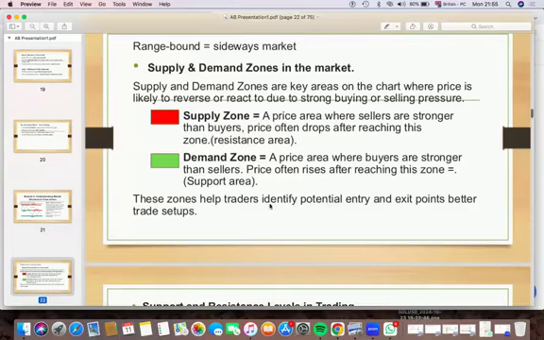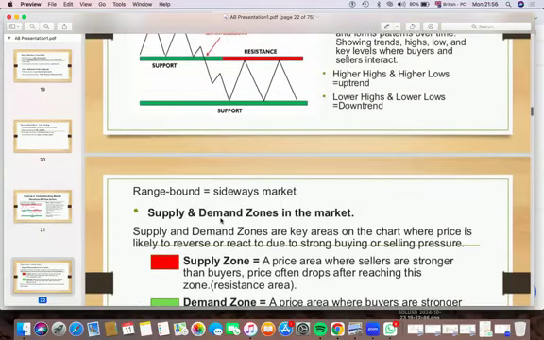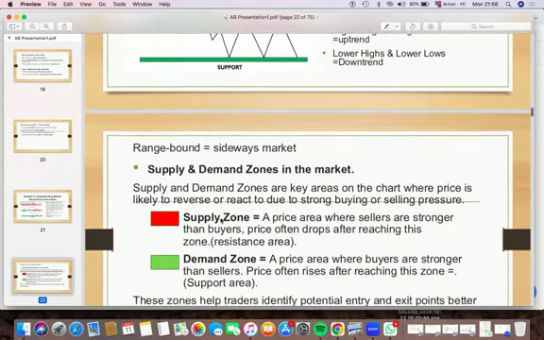So these zones help traders identify potential entry and exit points and better trade setups. Those are like the confluences we talked about in our last class, where we discussed how you can use indicators to choose entries. When we want to spot entries, as traders we first determine the trend of the market, then we want to know where our demand zone is, so where the best price to buy is, at a discounted price.